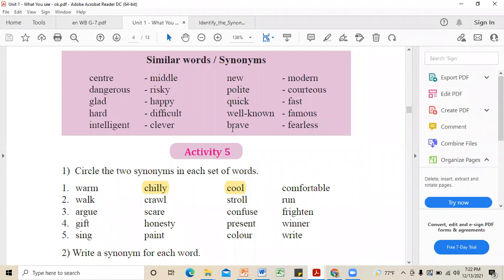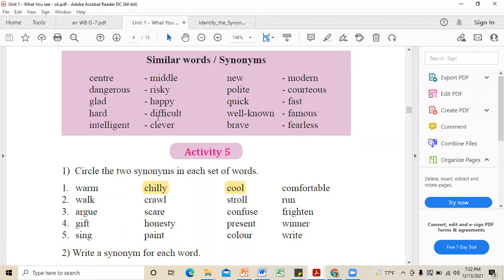Something similar would be fearless. Let's say I met a lion, but I didn't get afraid, I faced that lion. Somebody will say, okay, you are brave, or else they can say you are fearless. These are some similar words which we use day to day.